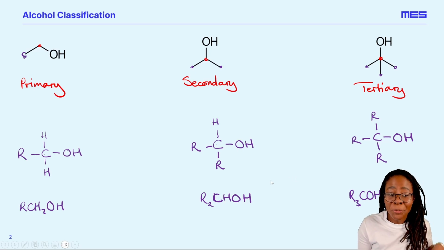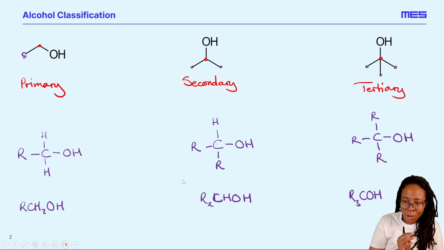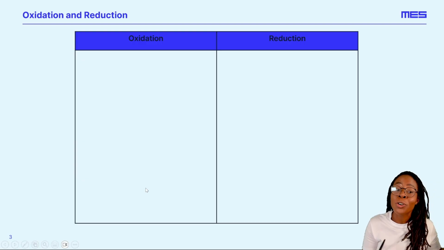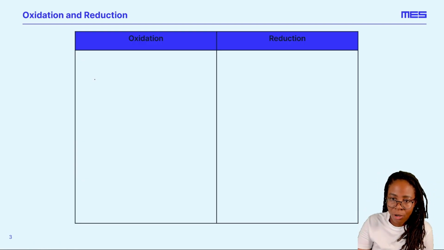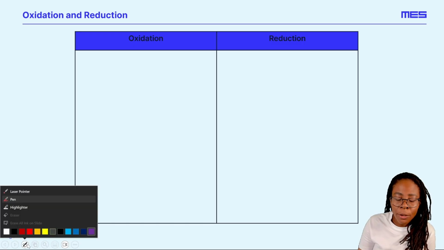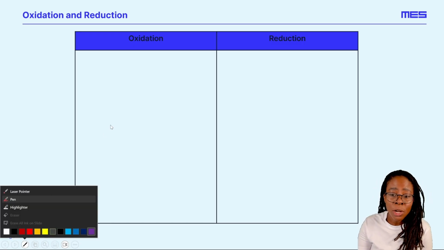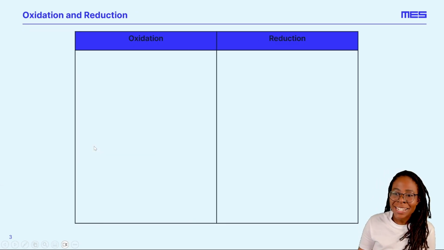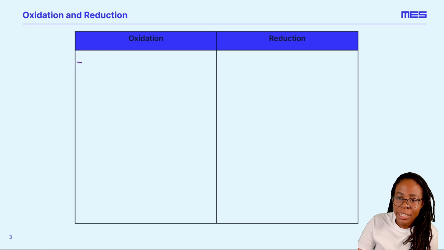So now, again, before we get into the oxidation, we've classified our alcohols. Let's make sure that we know what oxidation and reduction mean, so we know what we mean when we say that we are oxidizing an alcohol. Now, in your physical chemistry and in some of your inorganic chemistry as well, you will have seen oxidation as the loss of electrons.